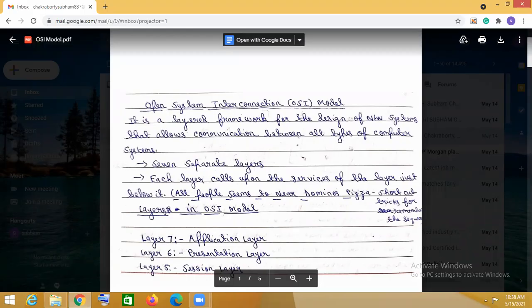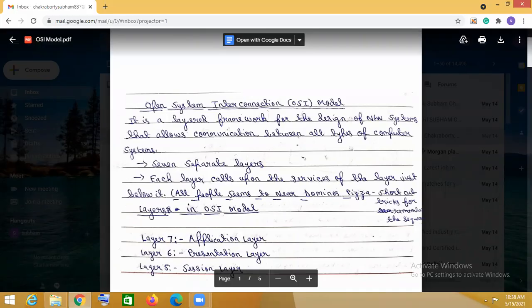It is a layered framework for the design of network systems that allows communication between all types of computer systems. If two communicating devices are present, the sender follows this layered framework and the receiver also follows it.